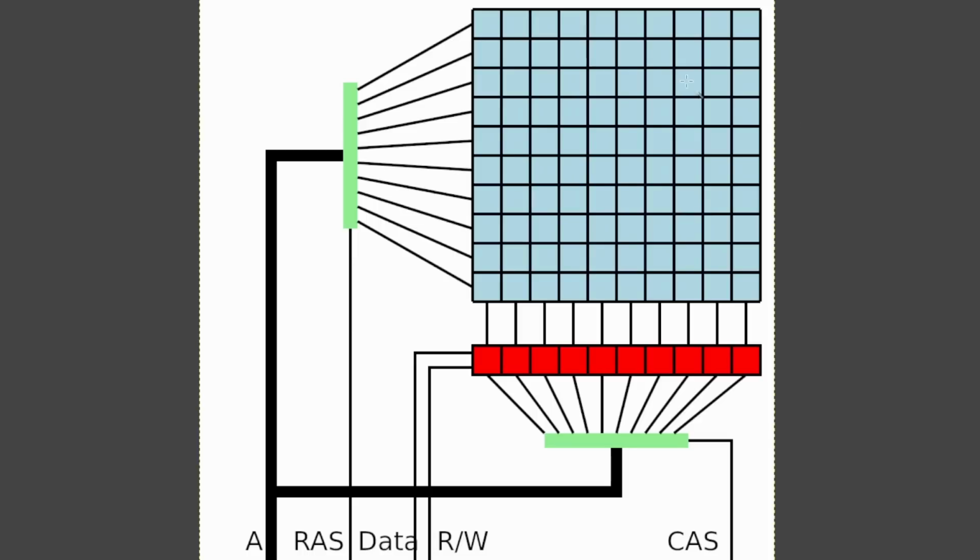These early memory chips are laid out in a two-dimensional array, and there are rows of bits and columns of bits. So if I want to access a particular bit in memory, I have to first specify which row I want. That's done using a row address. And then I have to specify which column I want using a column address.